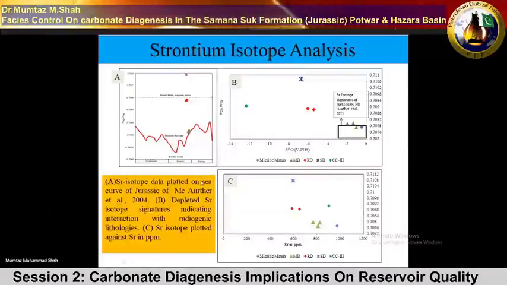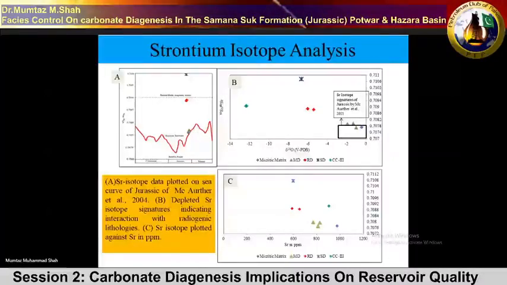And if we put it on the MacArthur 2004 curve, we can see that the saddle dolomite has very high values in terms of strontium, whereas these replacive dolomites are well within the range of the basinal fluids, whereas the other matrix dolomite and the other calcite phases and matrix limestone represent its formation on the curve.